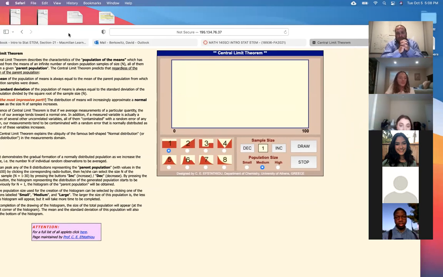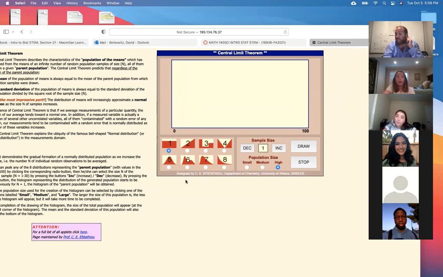Okay, so here we have something that's labeled as a central limit theorem, but again, let's not worry about that. That'll come later. Let's suppose I have a situation where I'm taking one at a time. Sample size 1. So pick one of these shapes. I don't care which one. Give me a number from 1 to 8.